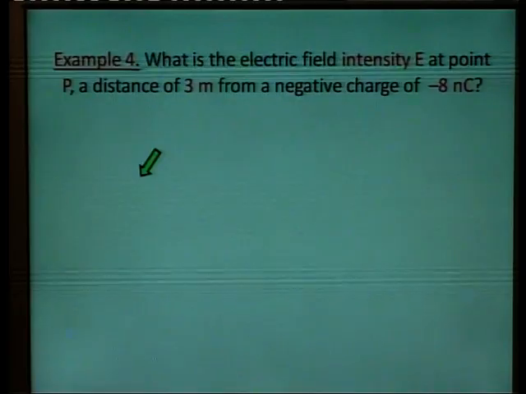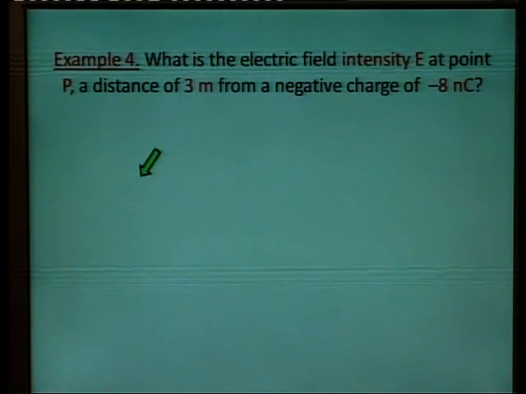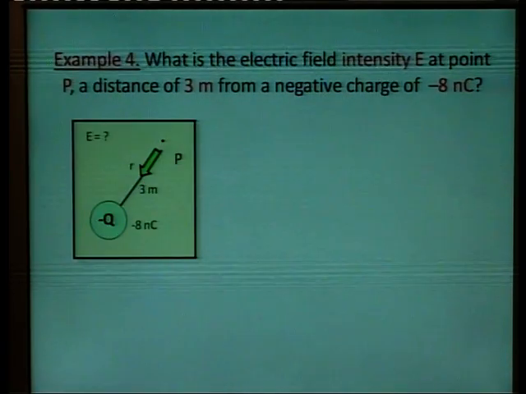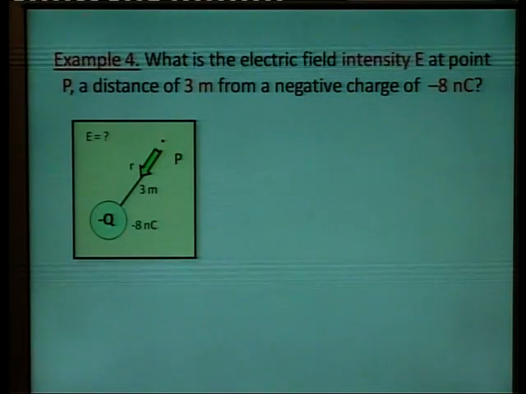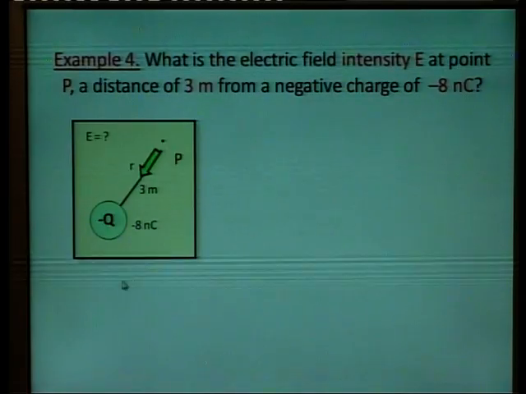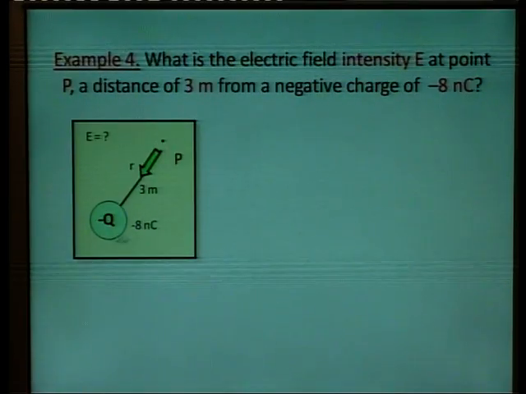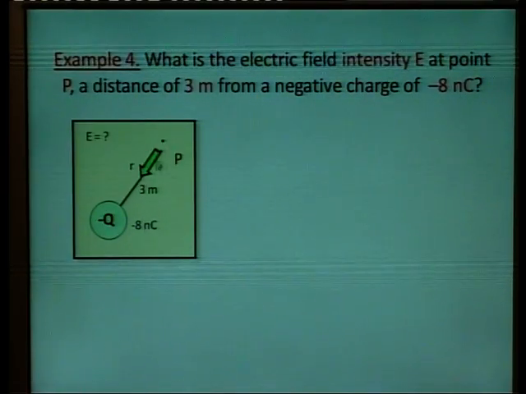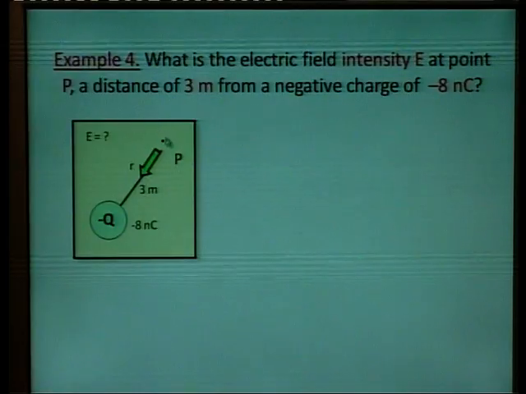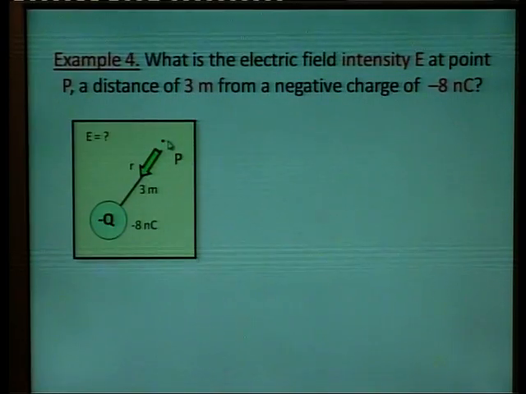Next example, what is the electric field intensity at a point P, a distance of 3 meter from a negative charge of minus 8 nanocoulomb. So, you have a charge of minus 8 nanocoulomb. You want to find out electric field intensity at this point P. You know how to calculate electric field intensity.